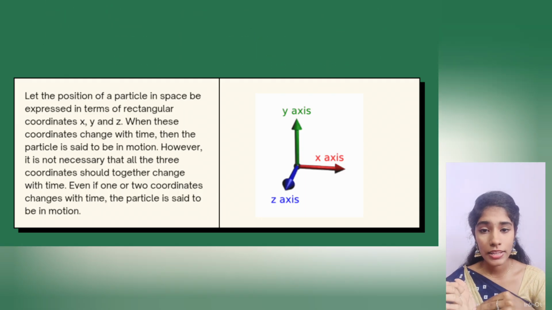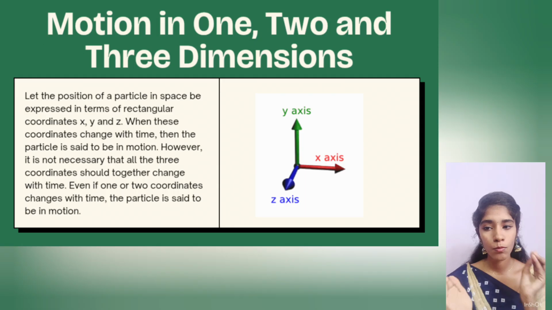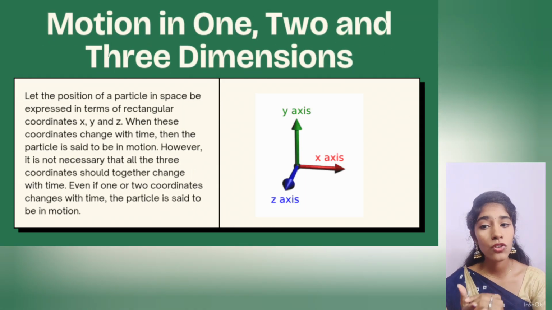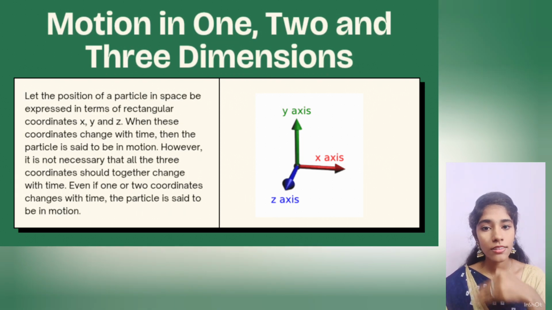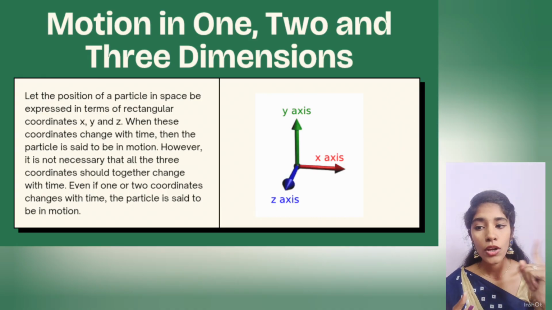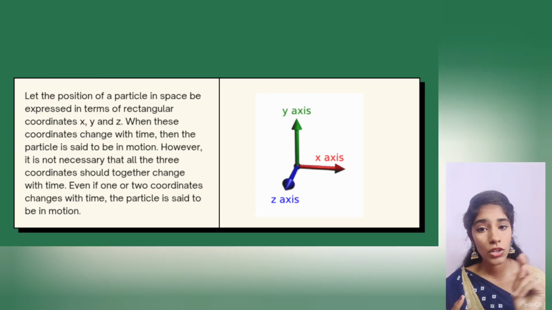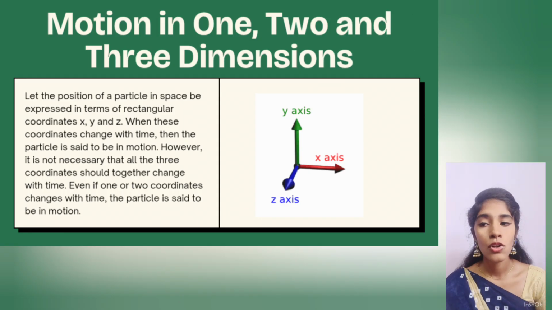When these coordinates change with time, the particle is said to be in motion. However, it is not necessary that all three coordinates change together. If one changes, it is also accepted. So, if one or two coordinates change with time, the particle is said to be in motion.